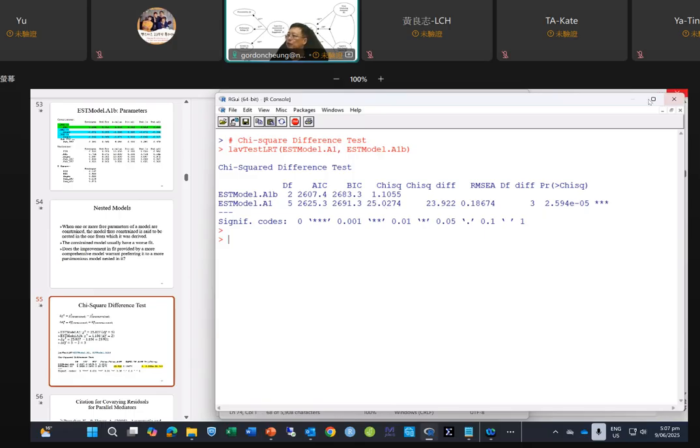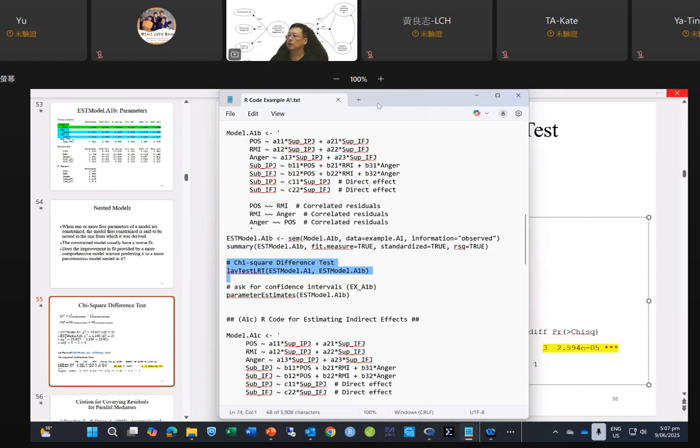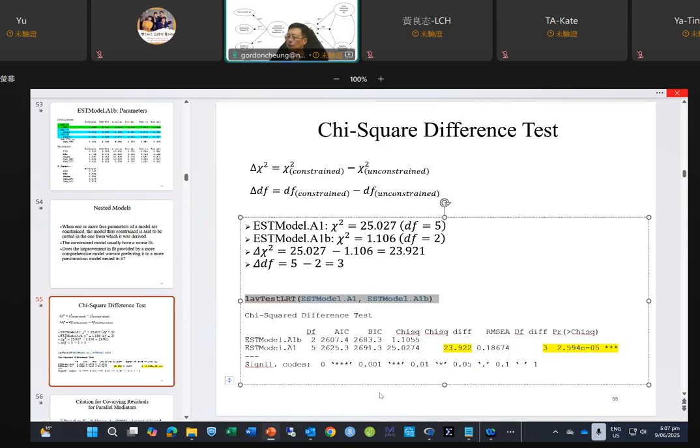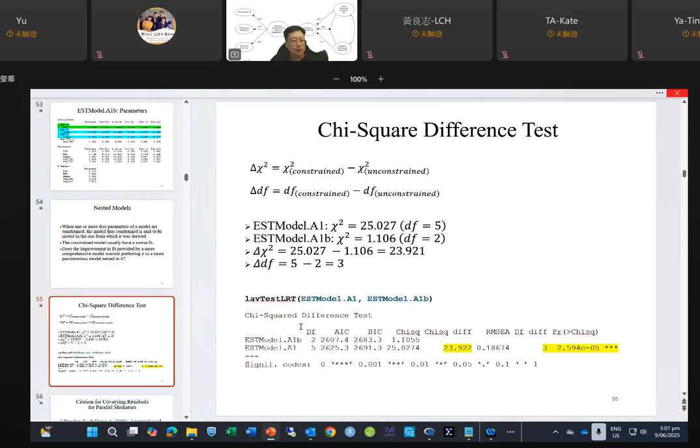If you have logged out from R and lost your 2 models, then it is on our slide 55. Slide 55. Okay. So you can see that the difference in chi-square between the 2 models is 24, and the p-value is very small. That means it's significant.